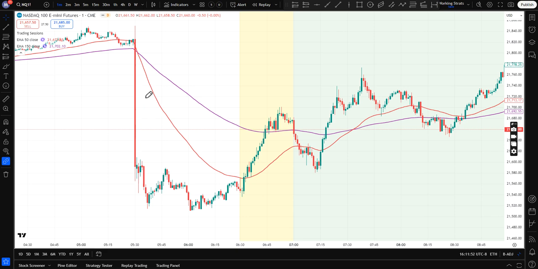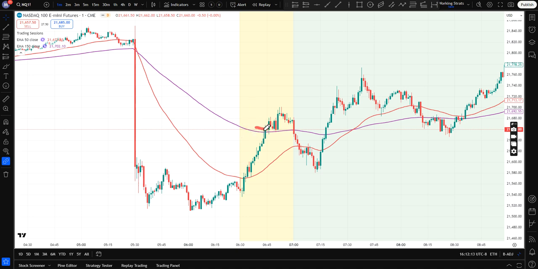So I want the price to be in a good solid downtrend or whatever, or at least a notable one, and below my fast EMA. And then I want it to retrace just like it does here, all the way back up and close above my slow EMA. So I want it closing above this purple line.